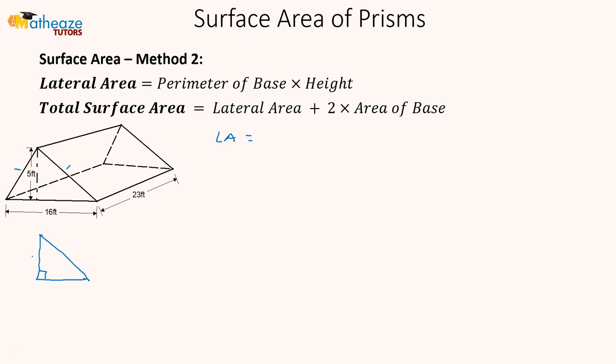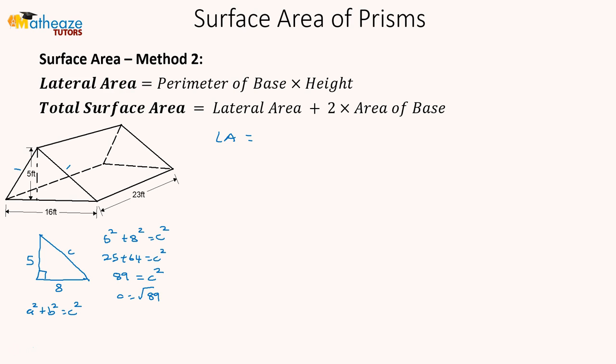It has 5 right here, and it has 8 right here, and we're trying to find c. We apply the Pythagorean theorem: a squared plus b squared equals c squared. So we have 5 squared plus 8 squared equals c squared. 25 plus 64 equals c squared. 89 equals c squared, and then c is the square root of 89.